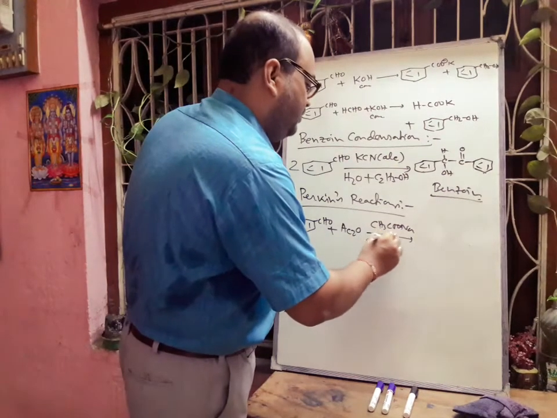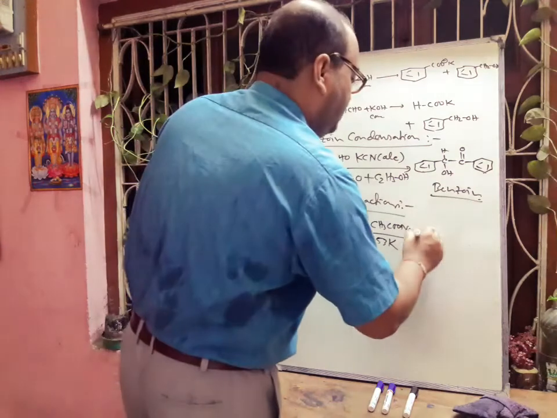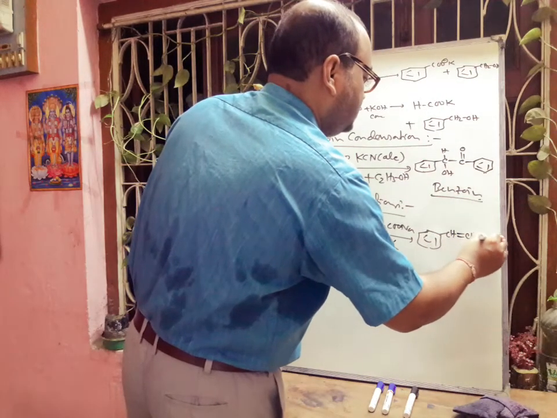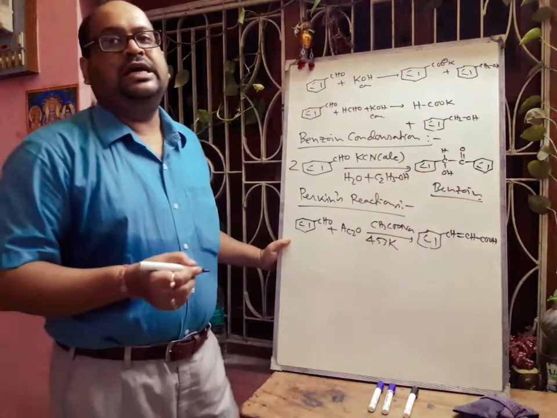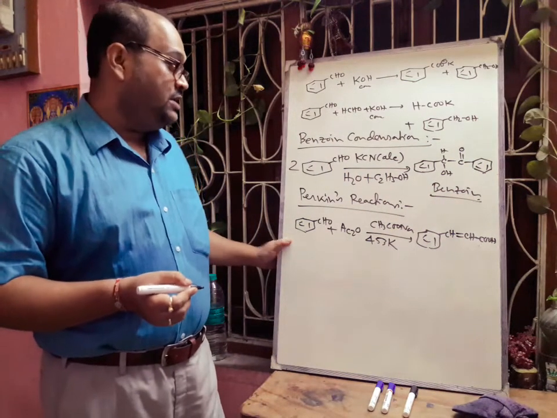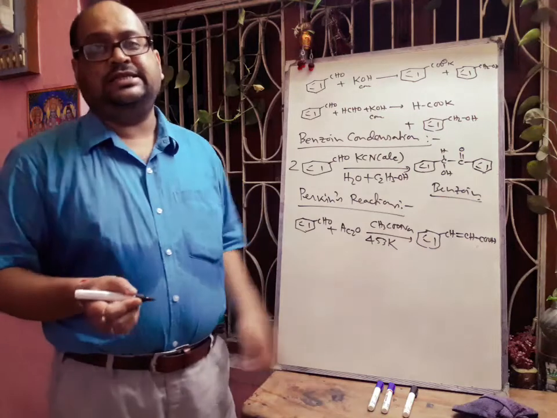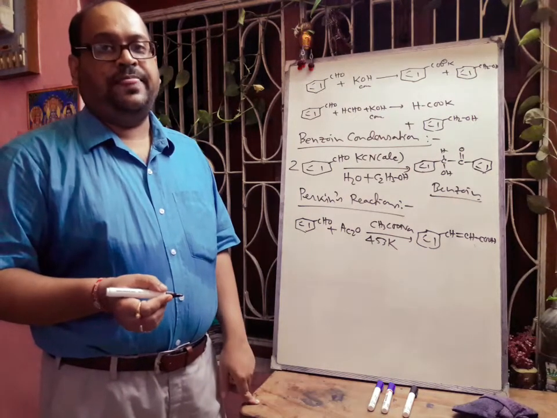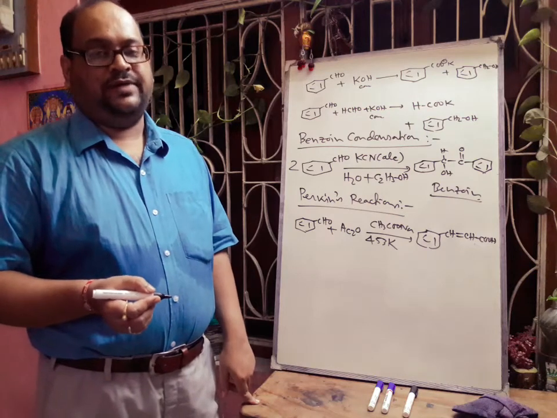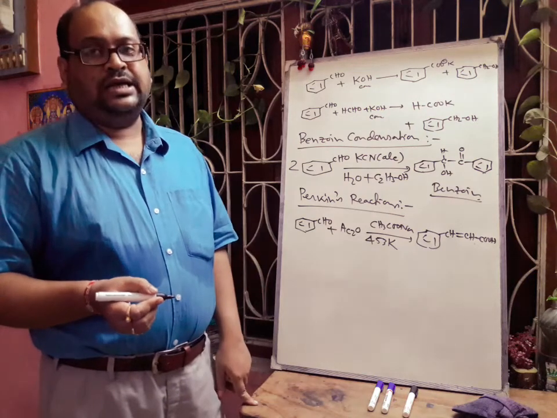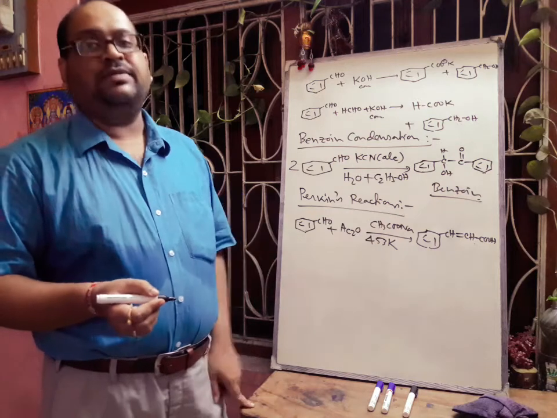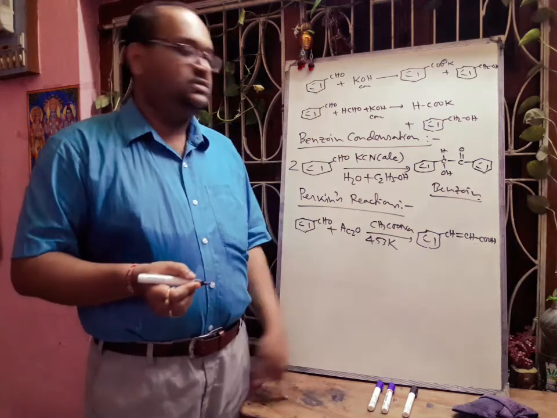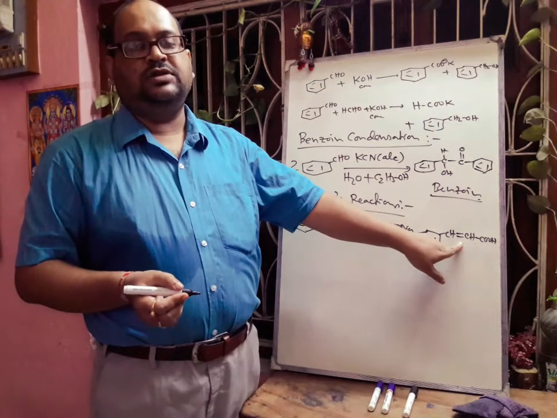The temperature required is 453 Kelvin, that will give you the corresponding cinnamic acid, PhCH double bond CHCOOH. This reaction is called the Perkin reaction, and the product is cinnamic acid. This is an alpha beta unsaturated acid, so it will respond to the unsaturation test. If you add alkaline KMnO4, that will become colorless. Here the benzene ring will not show the unsaturation test. Only this double bond will show the unsaturation test.